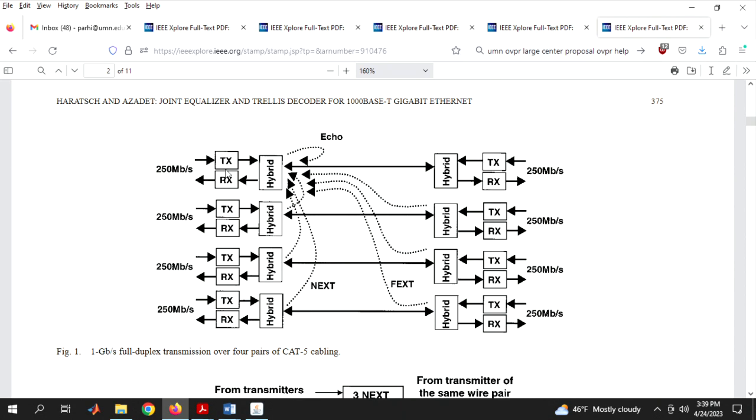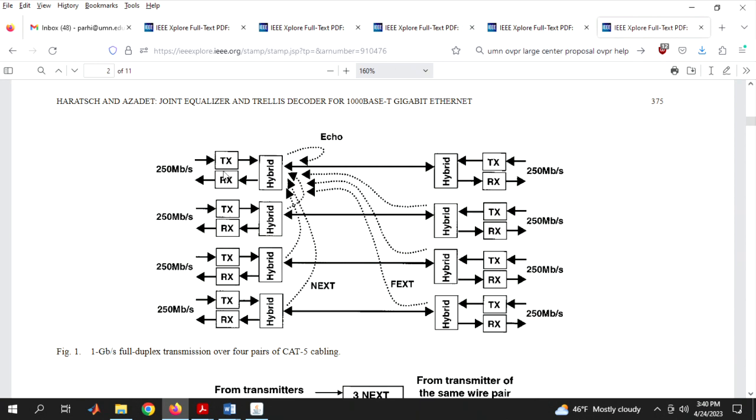So think of the equivalent of PAM4, but it's really PAM5 because there is some trellis coding built into the modulation scheme, trellis coded modulation. That provides some error control coding, and that makes it PAM5 as opposed to PAM4.